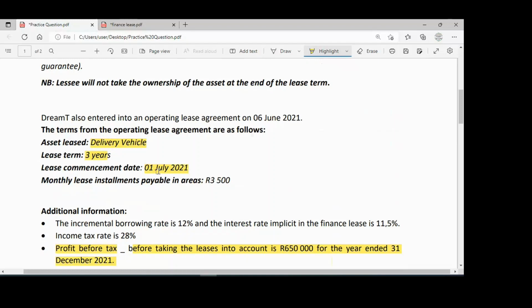So silize for 6 months because unyaka uphela ngoDisemba. So kusho ukuthi we're gonna account for ama-payments ka-6 months esiwenzile, and every month the monthly lease installment payable in arrears at the end of the month is 3.5. So the 3.5 i-amount esikhokhela le vehicle every month.